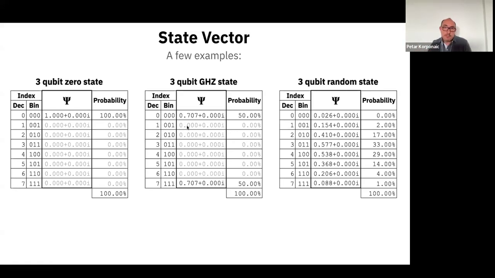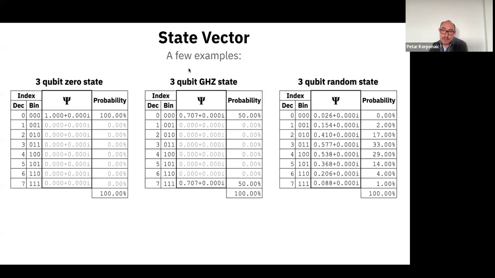So now, this is another example. This is the hello world of quantum computing. This is the GHZ state, in which all 3 qubits are in equal superposition, and all 3 qubits are maximally entangled. In this state, we will read either all 3 qubits in state 0 or all 3 qubits in state 1.